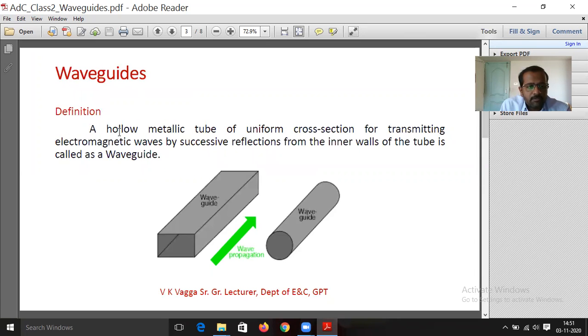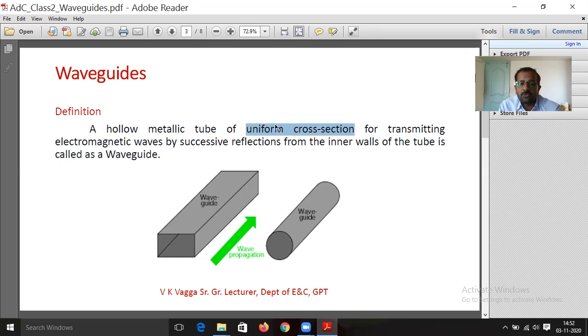If you take the definition of the waveguide, it is nothing but a metallic tube. If you take any pipe manufactured with metal, it itself acts as a waveguide.